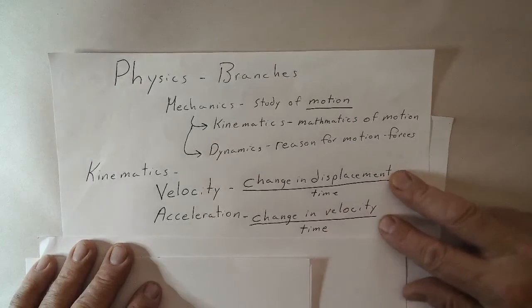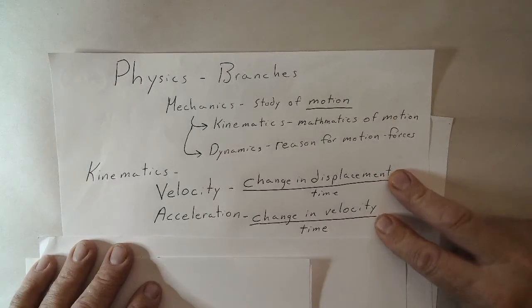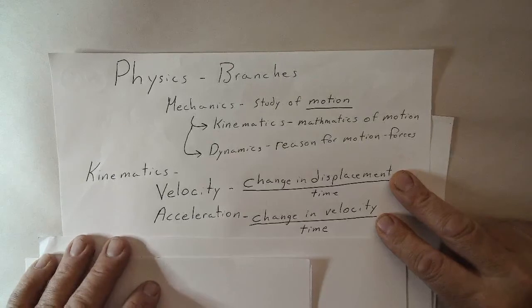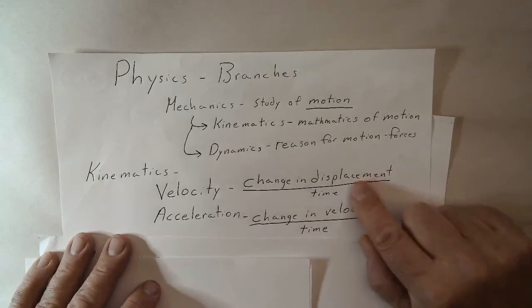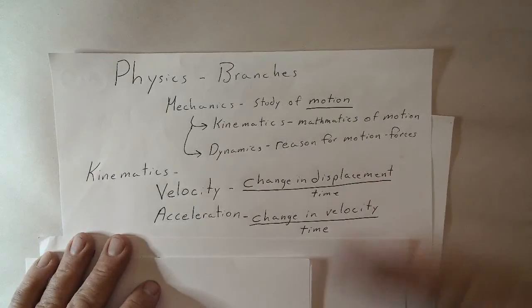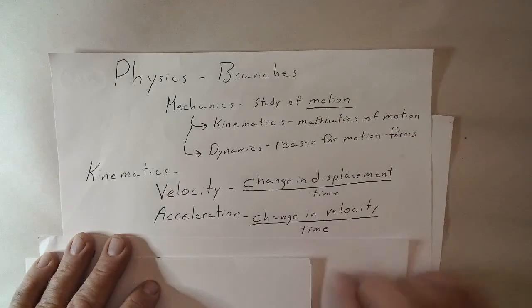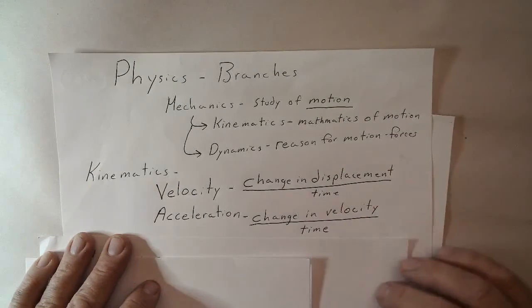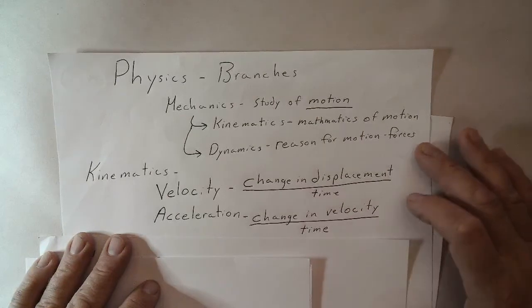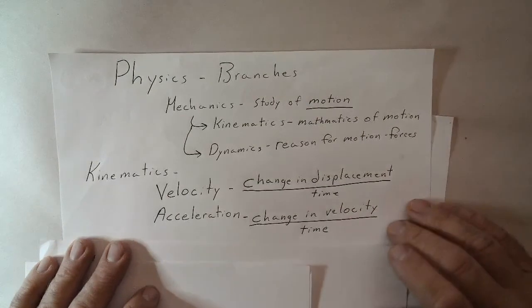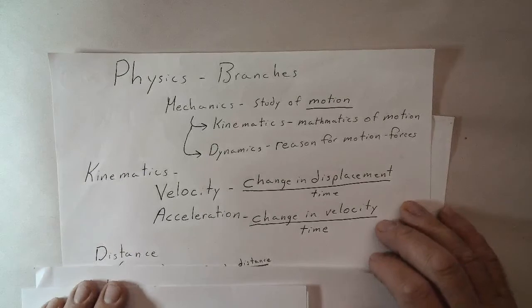It is important as can be to not confuse these two ideas. Velocity is just how much time it takes you to go a particular distance, but acceleration is how your velocity is changing over a period of time. Very different ideas, and we'll show you how the mathematics works.